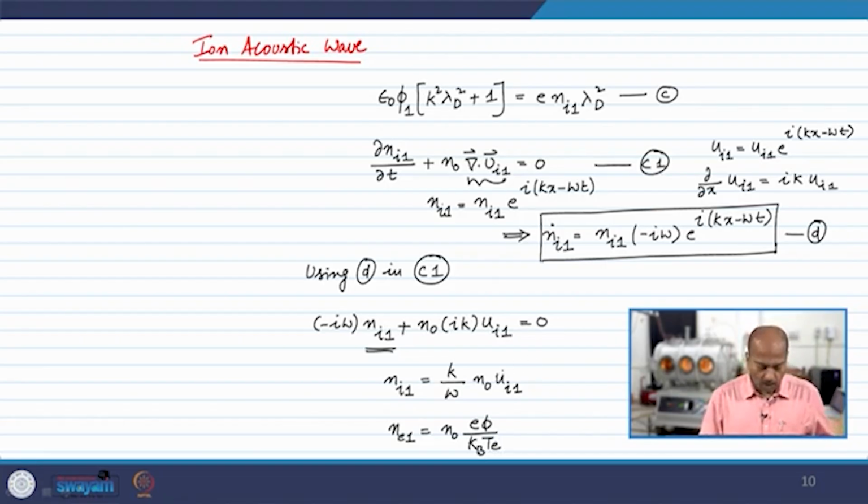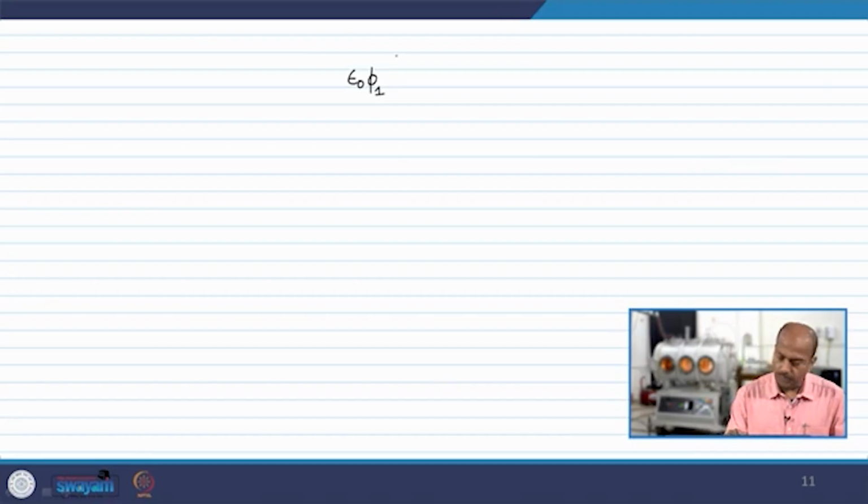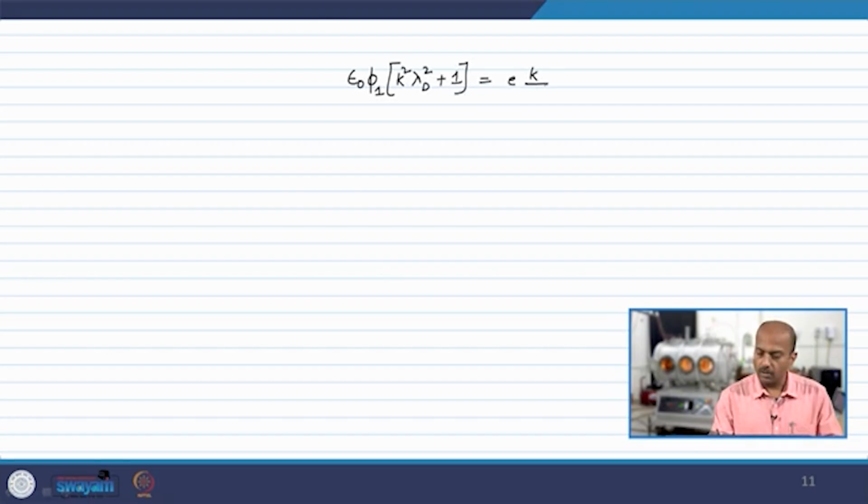Now, we have this u I1, right. Now, if you look at the equation number C, if we use n I1 in this equation number C, we can write epsilon naught phi 1 times (k square lambda d square plus 1) is equal to e times k by omega n naught u I1 lambda d square.